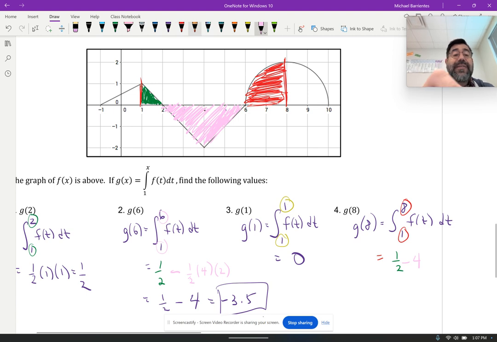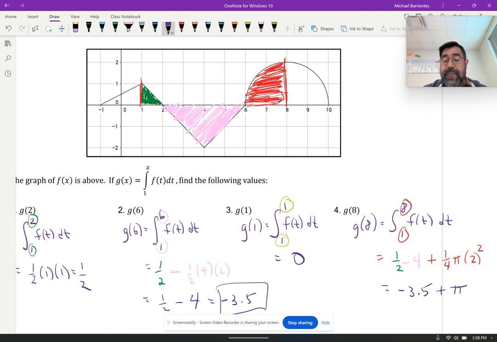And now I need the third part, which is the area of this quarter circle. So 1/4 pi r squared, but my r is 2. My radius is 2. So then my final answer is going to be negative 3.5, which we already knew with the first two put together, plus 2 squared is 4. 1/4 of 4 is 1, so then therefore it's just 1 pi.